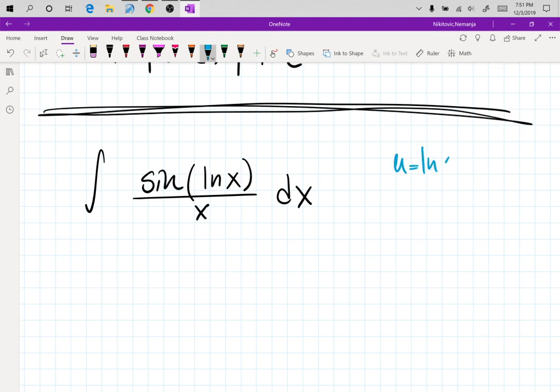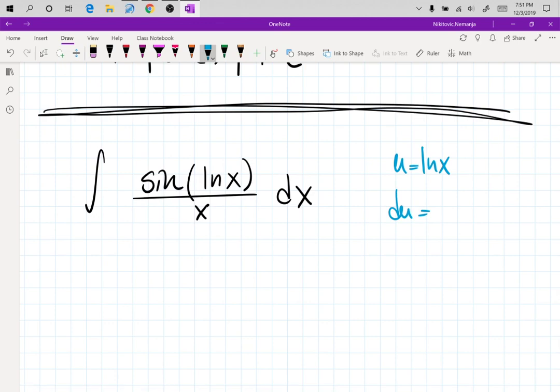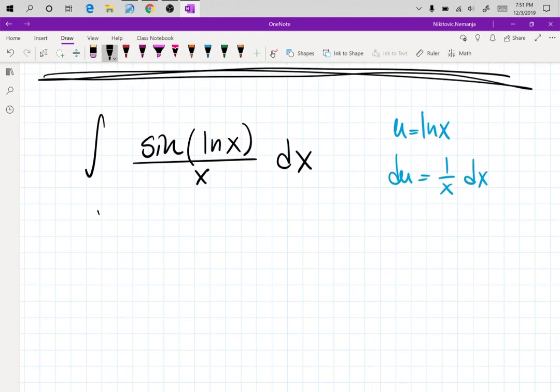Negative cosine out. Oh, that's crazy. That's what you're trying to do, bro. In harmony, in sync. So what is this converted to? Sine u.